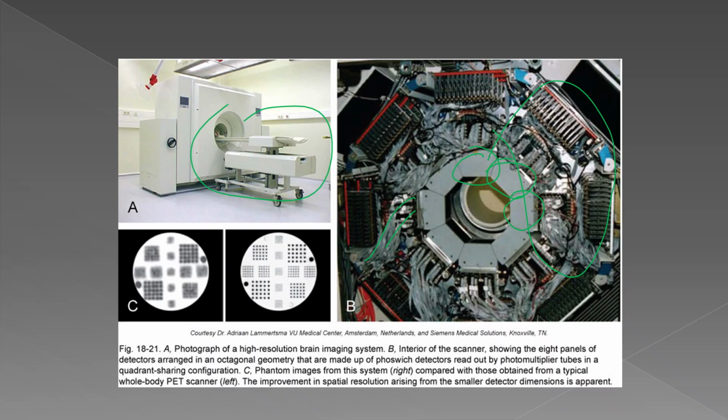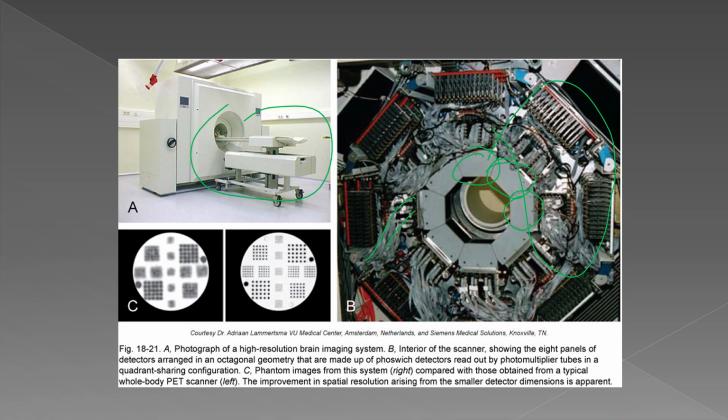But with PET, we use a really, really wide window because it's more important to be able to capture those photons than to distinguish their energy. And as long as they hit opposite of each other, unless it's really, really low energy and for sure scattered, then most of the time it's going to count. So we have a really, really wide window, as much as a 60% window with PET scan imaging.